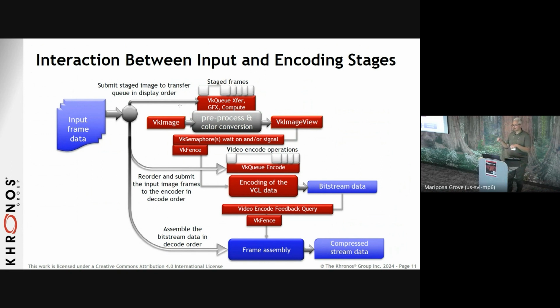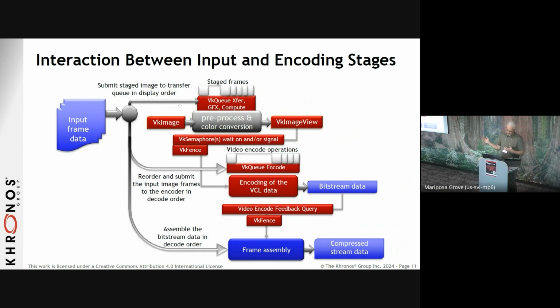If you were to use fences instead, you stall the whole pipeline by the CPU, waiting for the pre-processing stage to be done and then submitting the work. This would definitely kill the performance and the latency of the application.